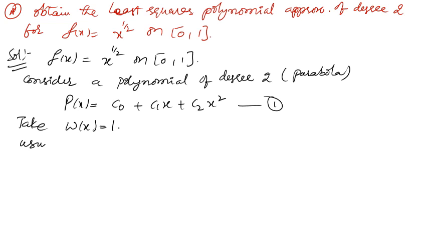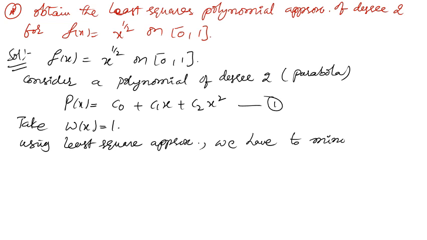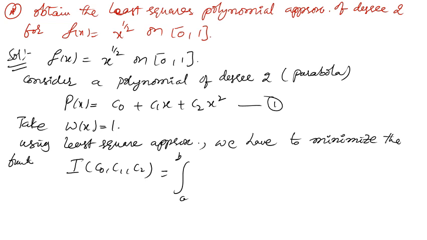Using the least square approximation, we have to minimize the function I of how many arbitrary constants? c0, c1 and c2, 3 arbitrary constants. Since it is the continuous case, from a to b, the weight function multiplied by the error.